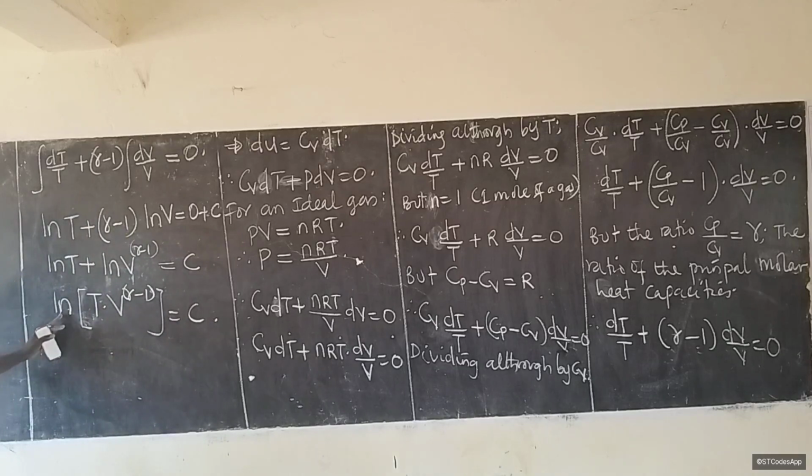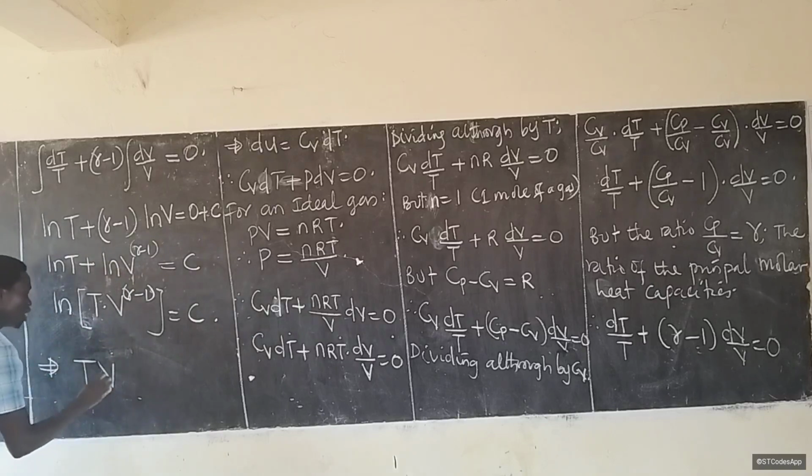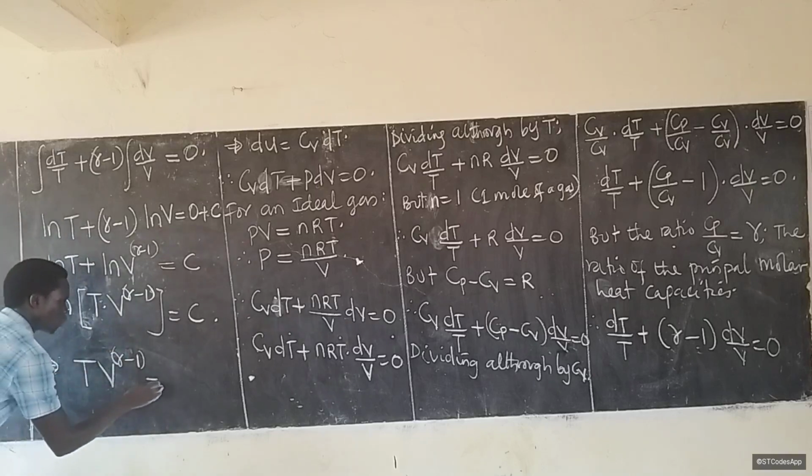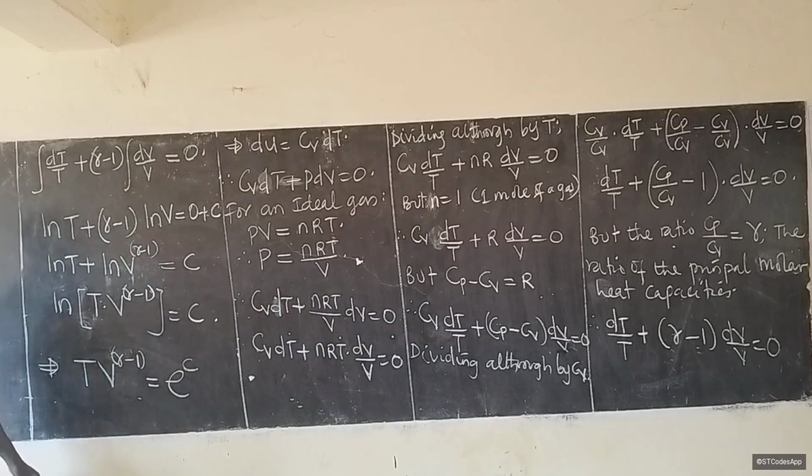Mathematically, if I want to go from the logarithmic format to the power format, this is a log to base e, a natural logarithm. So this implies that T V to the gamma minus 1 is equal to e raised to power c.